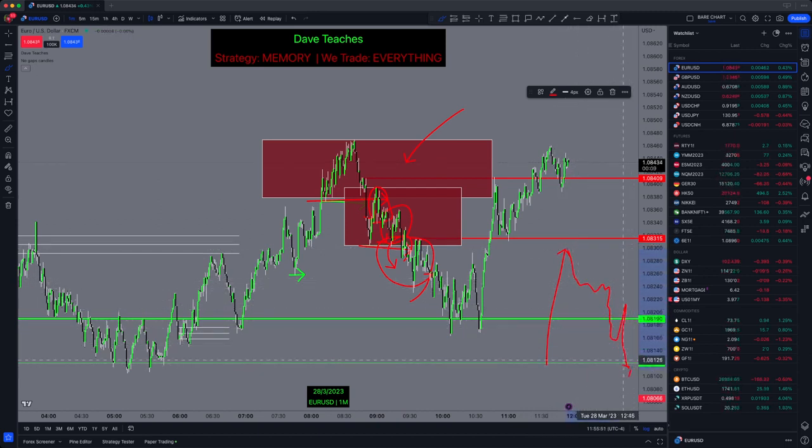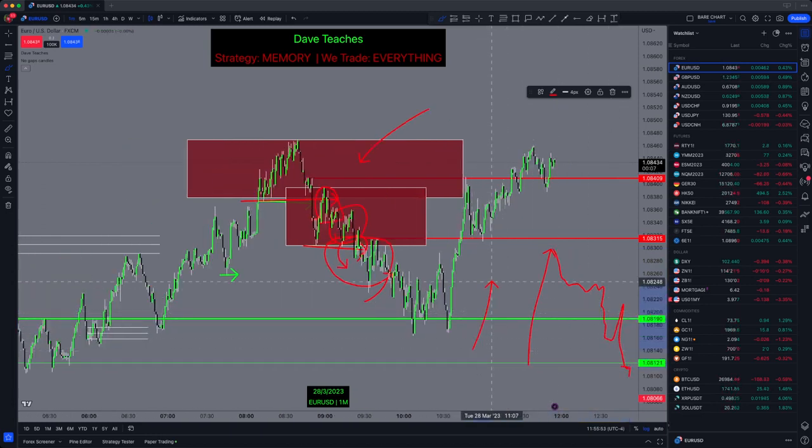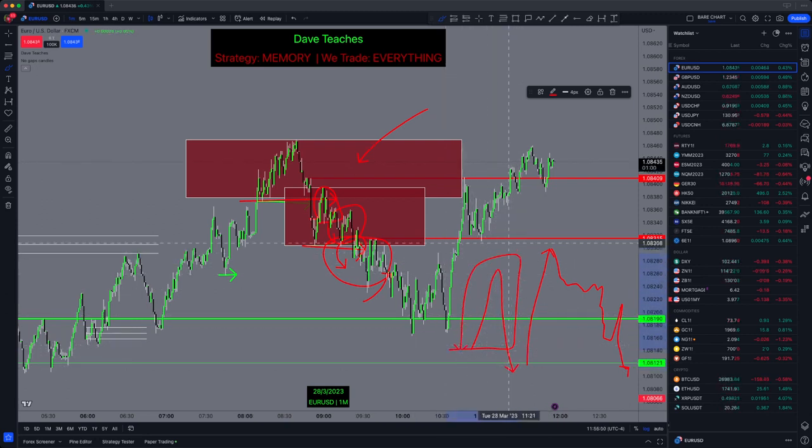Or you could just have one that goes up like that and then comes down just like that, and that would be a 1 minute swing. But then the size of it alone can also end up being a swing from a higher time frame. Just like this.